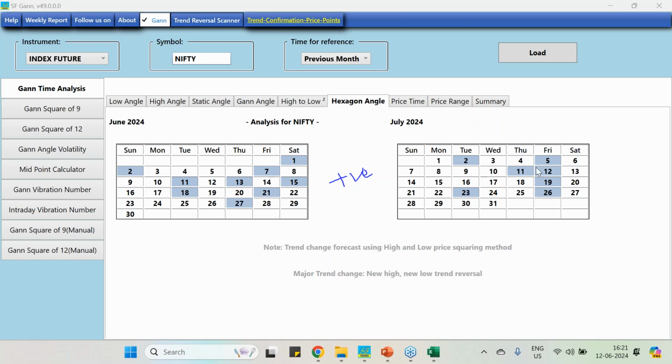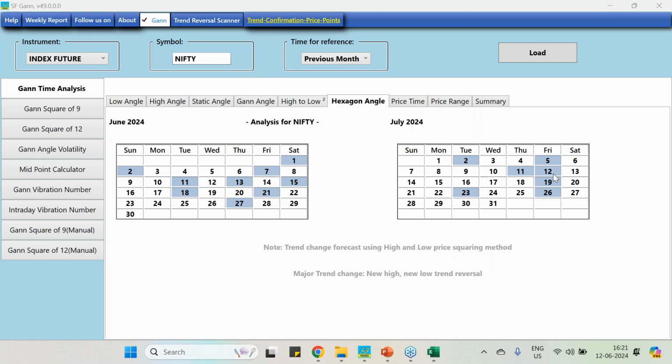This is a trade-related use. If you have any positions, you can hedge them before that. If some positions are in profit, you can book the profit before the trend change date.